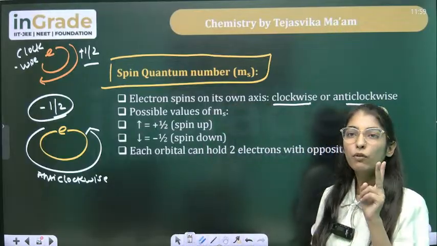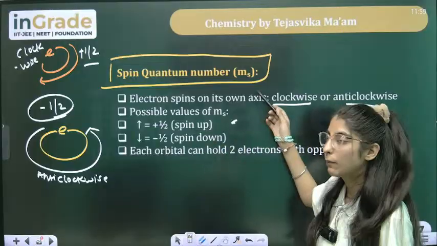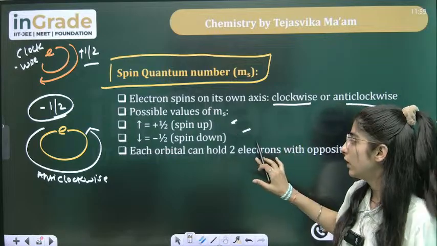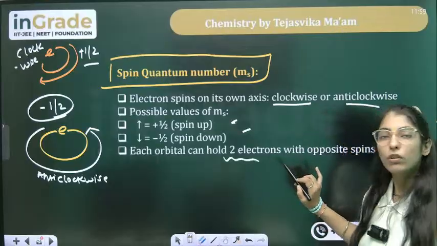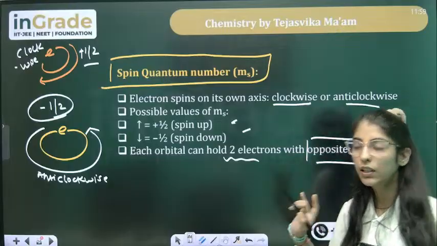So they have two values of ms, that is plus 1 by 2, that represents up spin, and next is minus 1 by 2, that represents spin down. You all know that each orbital can hold only 2 electrons, so each will have opposite spins.